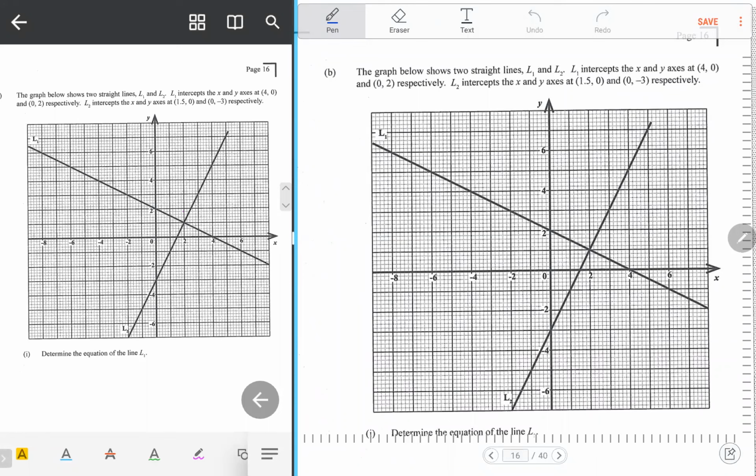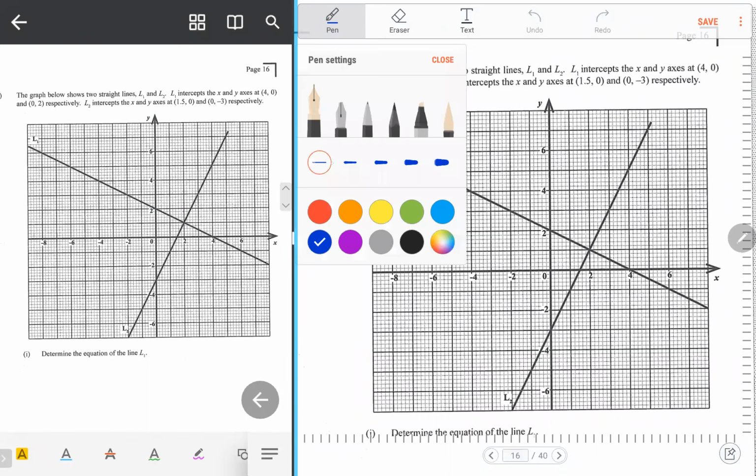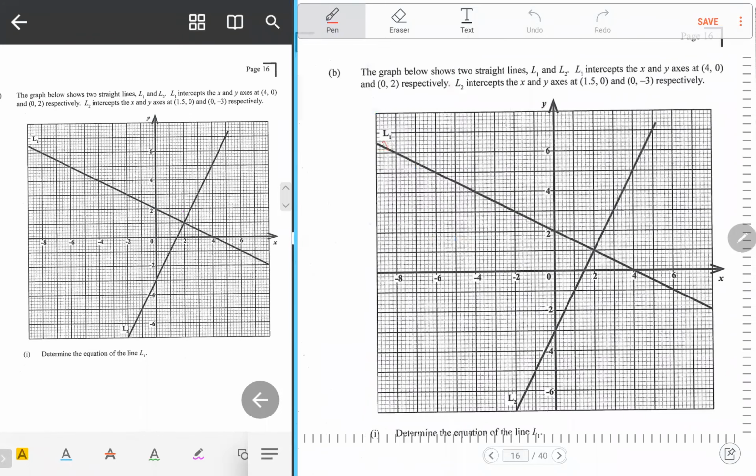Note that this is L1. I mark them in red. This is L1 and this is L2. So you don't mix them up, right? 1 and 2. All right, let's see what it says now.